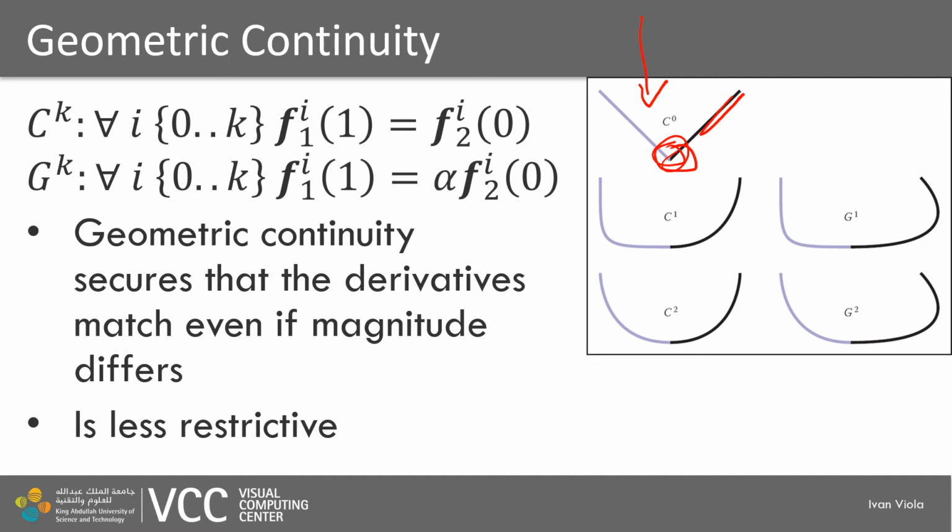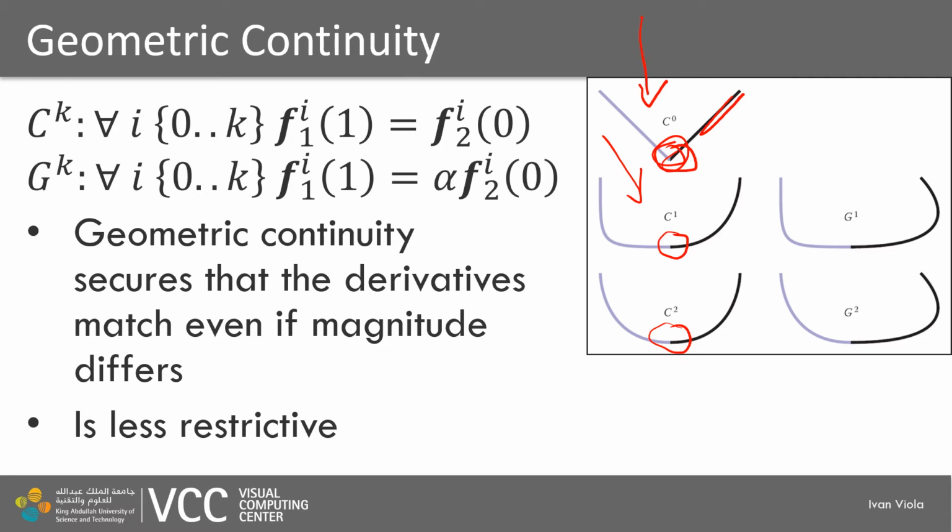So this is C0 continuity. This will be C1 continuity. So we can see that the derivative here is the same. However, if we look at the curvature closer, in this case, they will not be the same. So it will be only C1 continuous, which is already a great continuity, and we will perceive these curves as smooth.